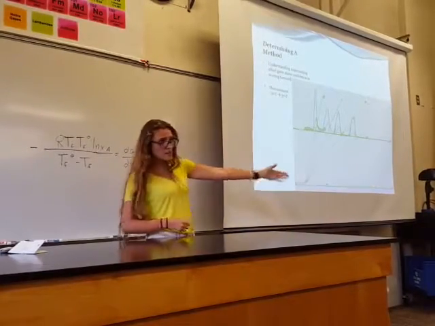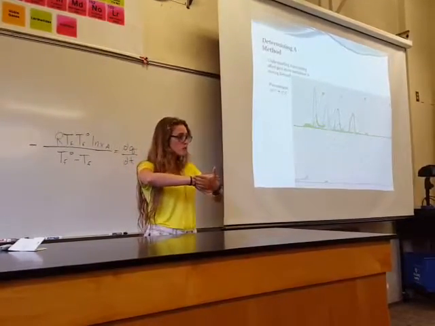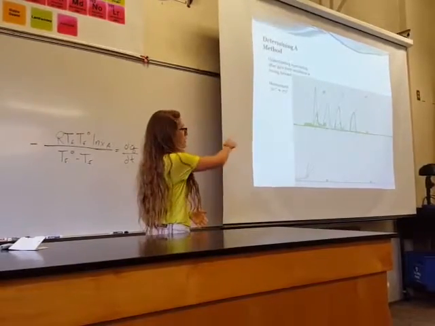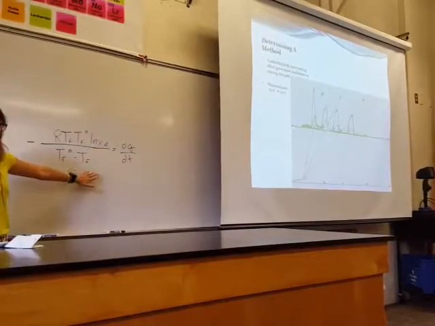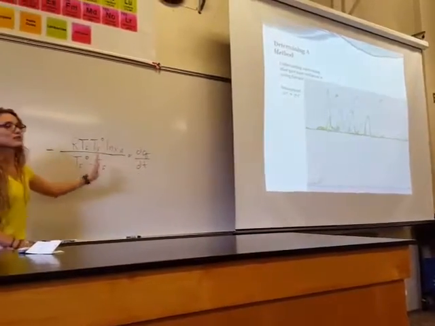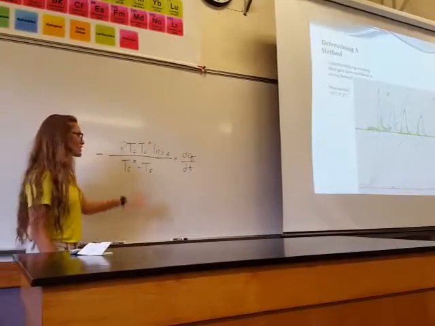And so then we decided, okay, now we know that there is supercooling happening because of the rate change. And so this is the equation that we found for it. It's not really that important, but I worked really hard to try to figure it out.